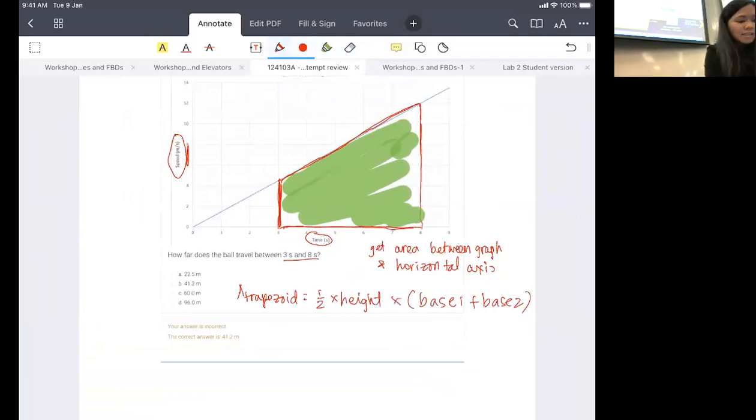The bases are the sides that are parallel. So that's base 1 and this is base 2. The height is the distance between the bases. So this is the height of the trapezoid.